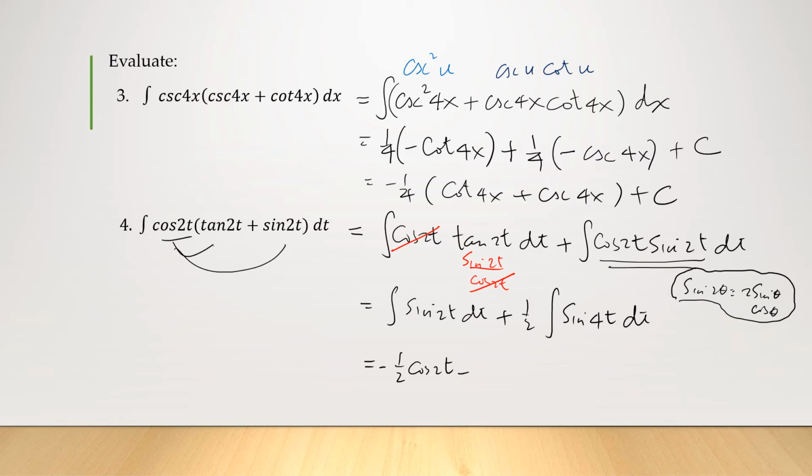So that will be 1/2, and because of the differential 4 dt, we have 1/4, and the integral of sine is negative cosine of 4t plus c. So the answer here is negative 1/2 cosine of 2t minus 1/8 cosine of 4t plus c.